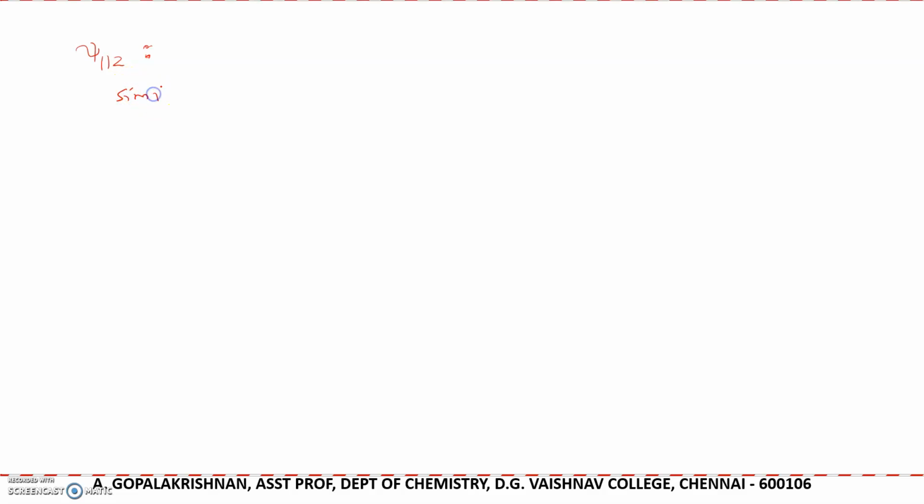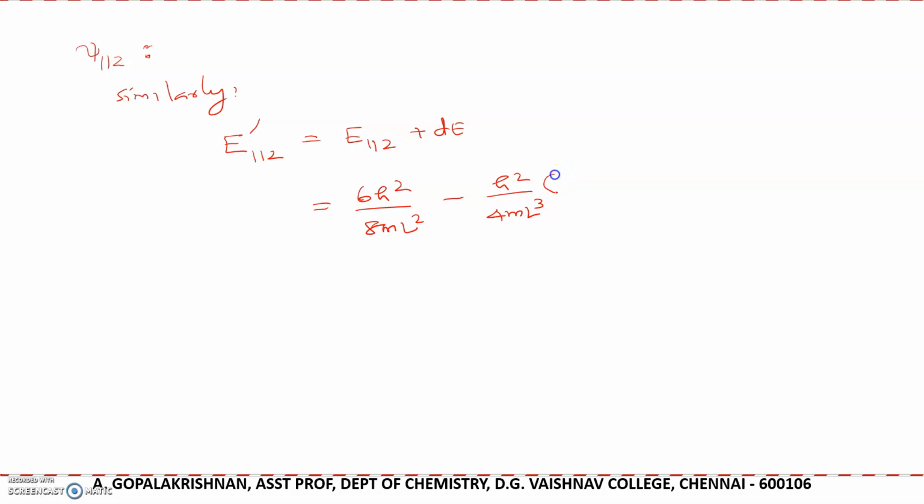We have to do the calculation in a similar manner. So the energy of the 112 state after distortion is equal to the energy of the 112 state before distortion plus the change, and this comes out as 6h square by 8 ml square minus h square by 4m L cube into dl.